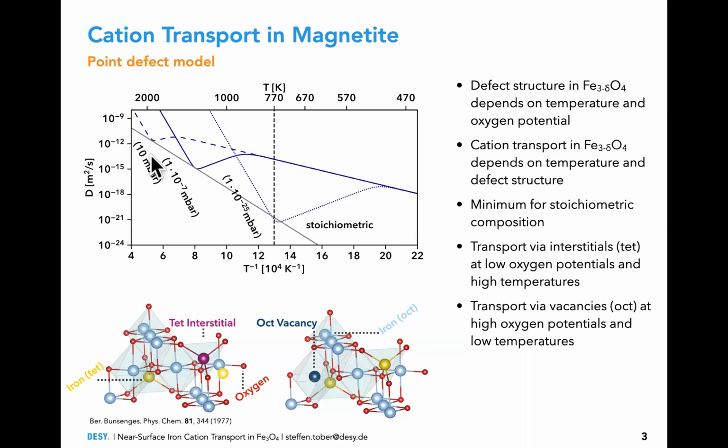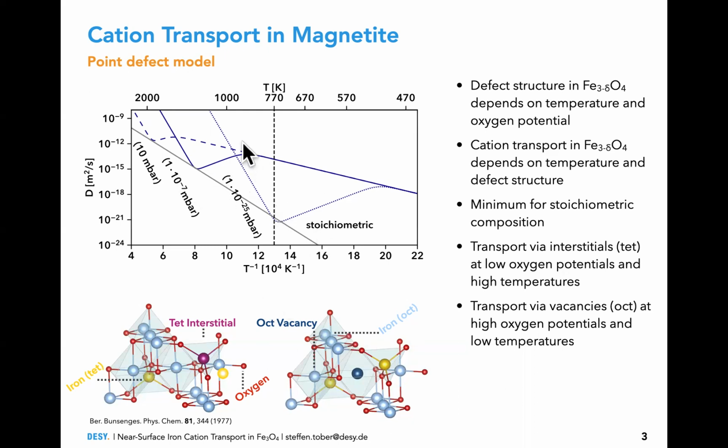So at extremely low oxygen potentials, the main defects in magnetite are interstitials, and a Mössbauer spectroscopy study has shown that these interstitials are located in the tetrahedral sublattice. And these tetrahedral interstitials are also mediating cation diffusion under these conditions, as shown here at the bottom. Oh, this was already one step too far. This was the octahedral jump.